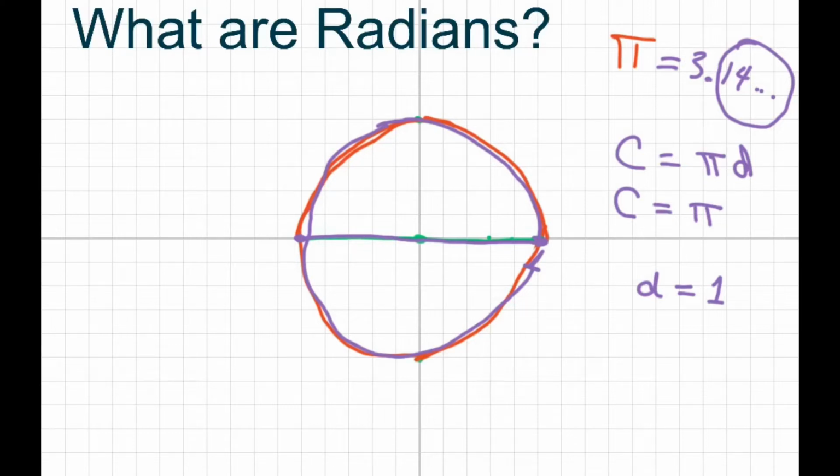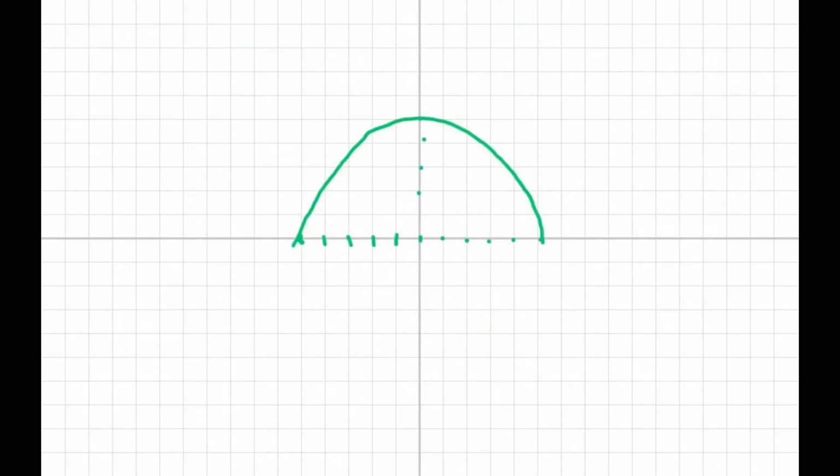Now, when we talk about radians, what we do is we take the radius, so we're doing a half a circle here, and say this radius is 1. That means this is going to swing around again pi times.